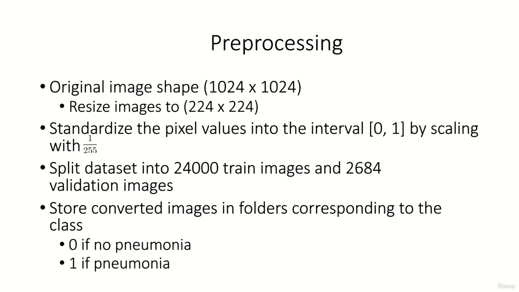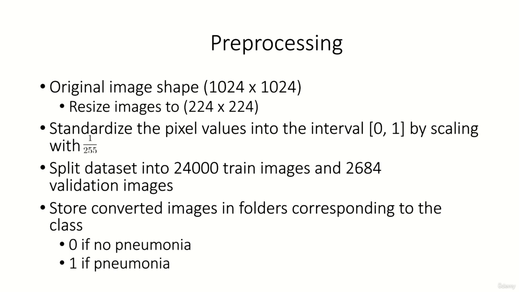This is way too large for current machine learning algorithms, thus we resize all images to 224 squared. Next, we standardize all pixel values into the 0-1 interval by scaling them with a constant factor of 1 divided by 255. Or in other words, we multiply all pixels in all images with this constant.